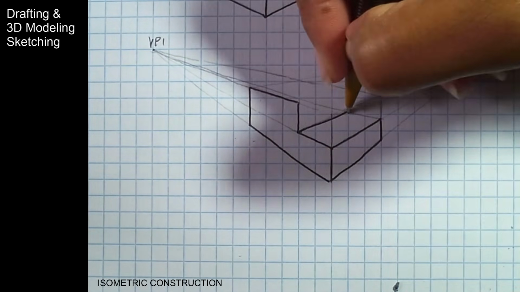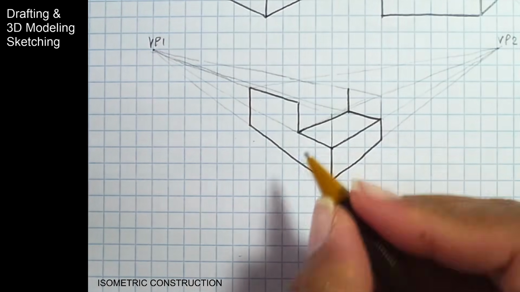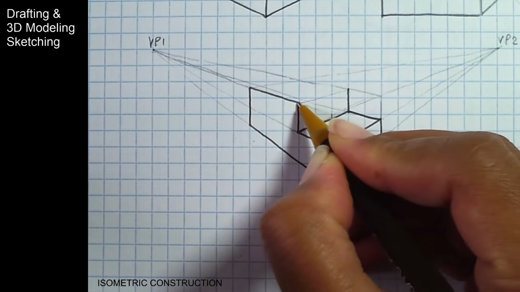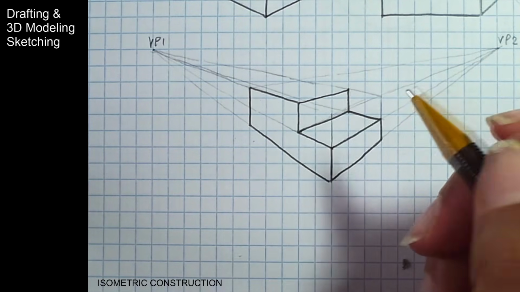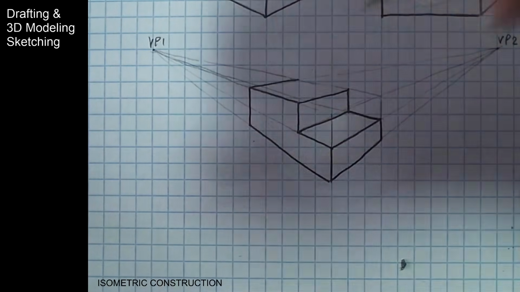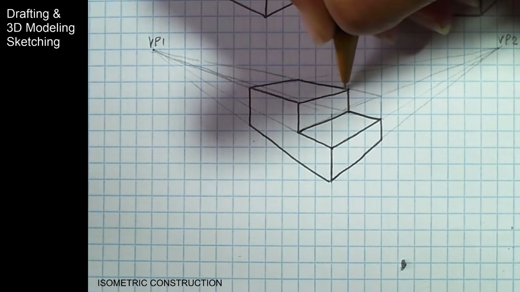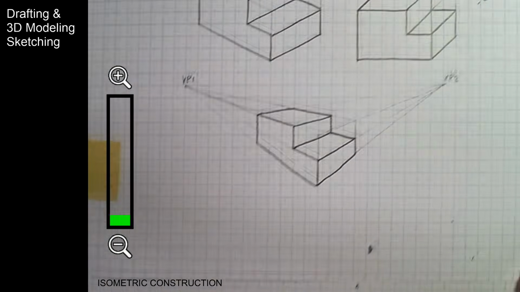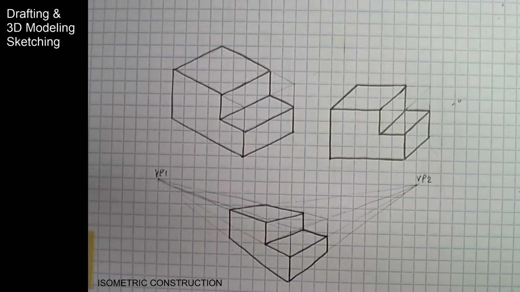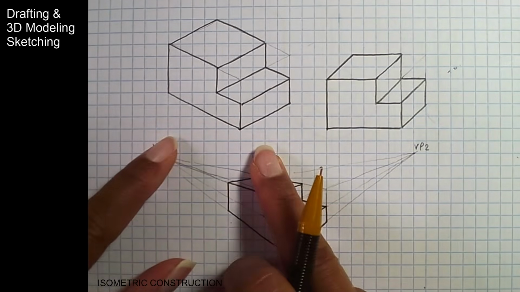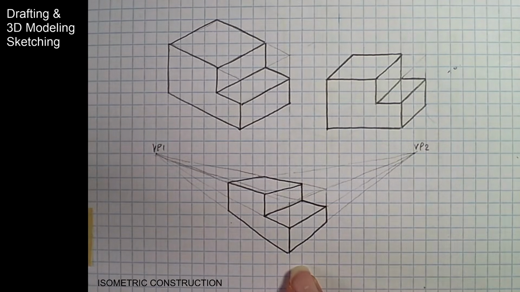So we have that, connect these two. And that is our true 2-point perspective of the same block: isometric, oblique, and 2-point perspective.